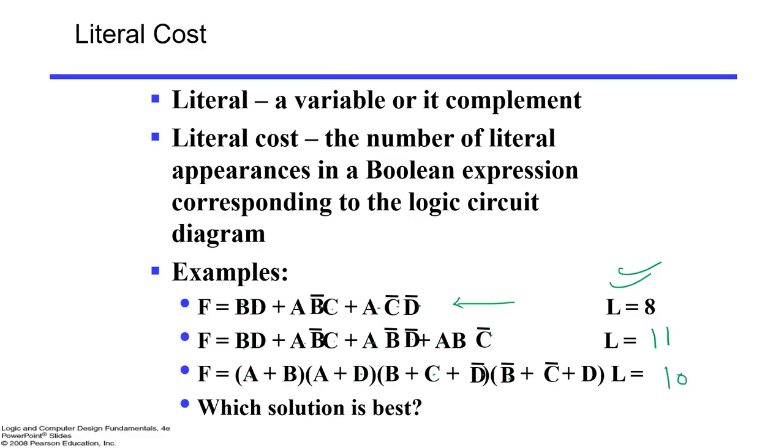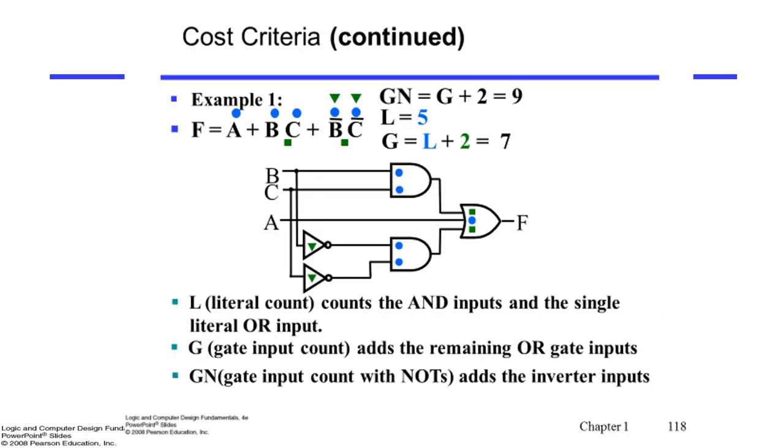So which solution is better? If the expression is the same and their outputs are the same, then in that case you can say this is the most optimized circuit. Getting it? This is how you count the literals. Now let us count other things as well, right? So here, how many literals are in this expression?